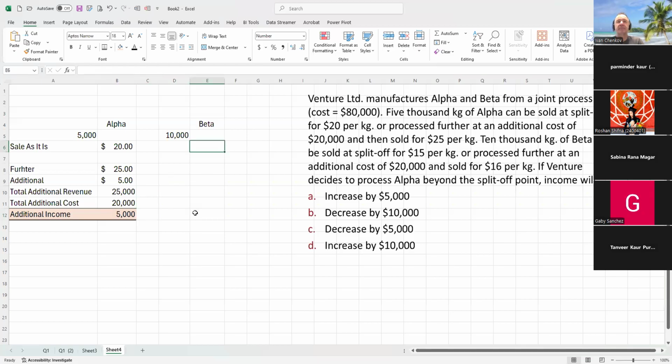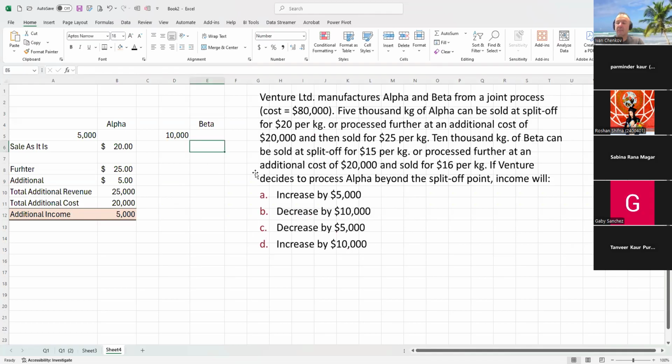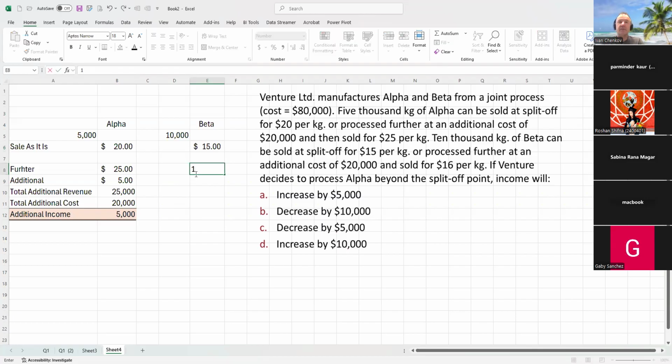Let's see beta now. If we sell it as it is, how much will it be? 15. Further, we can get 16. How much additional is that? $1.